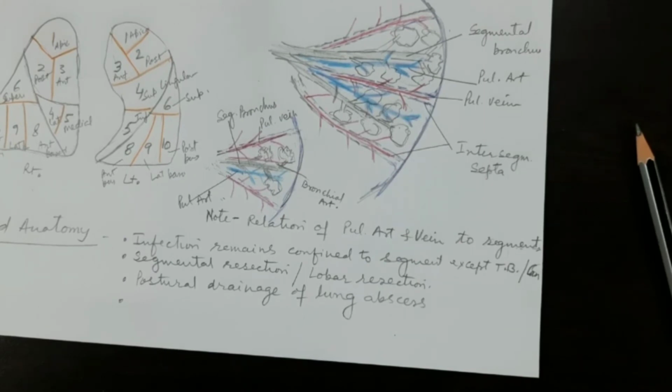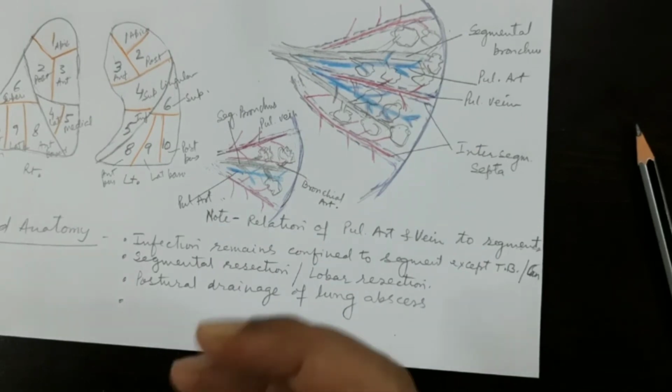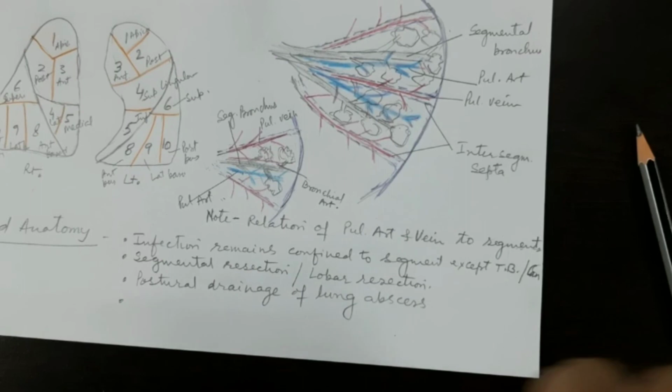They can very well remove that particular segment without disturbing the anatomy and function of the neighboring bronchopulmonary segments. So what is called segmental resection becomes possible. Only a part of the lung has to be removed. Out of 10 you will remove 1 or 2 segments and the remaining segments will remain intact.